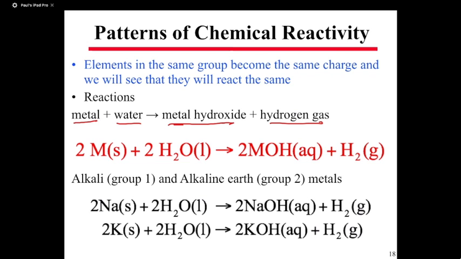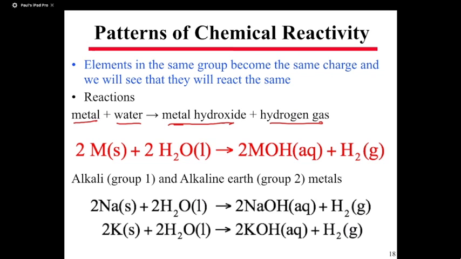So I give a general reaction that says a metal, that is solid, plus water, that is liquid, will yield whatever that metal ion is bound to hydroxide, that will be aqueous, and hydrogen gas.